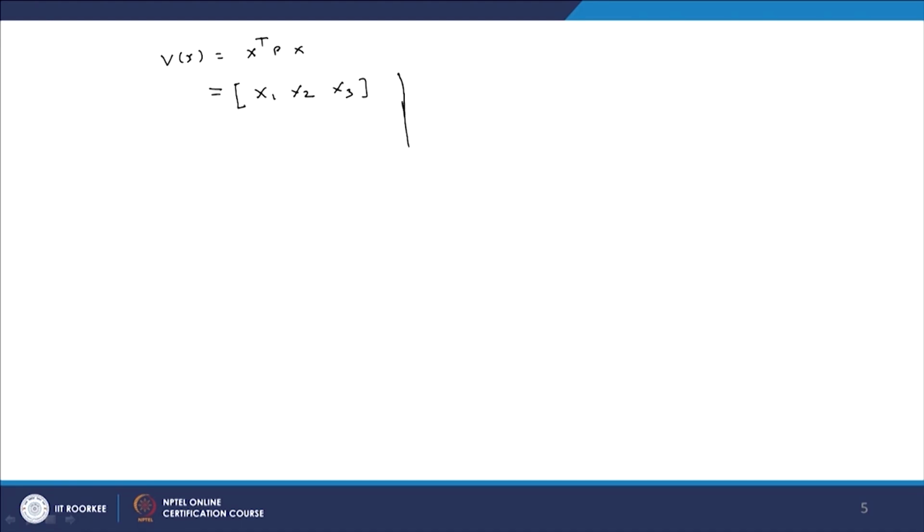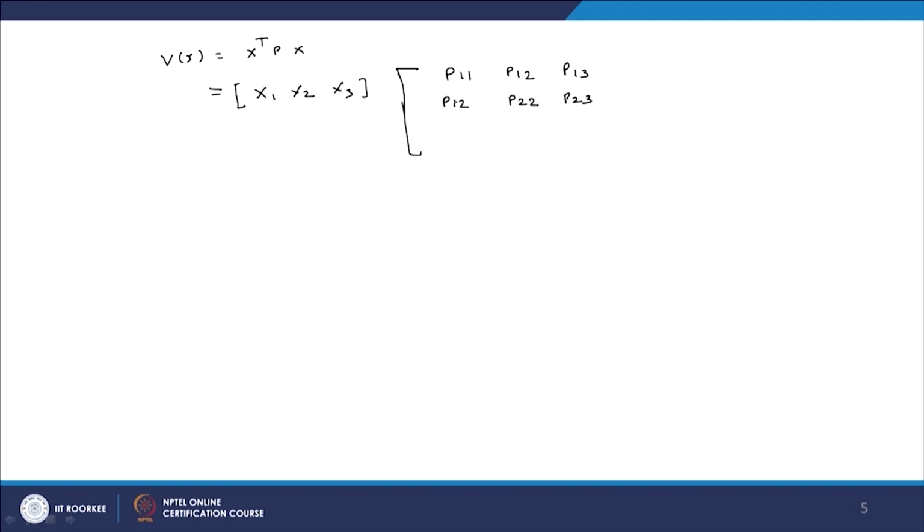We can write this P matrix with the first row as P11, P12, P13. In the second row, the elements are P12, P22, P23. You will find that this P12 and P12 are the same, because I am considering P as a real symmetric matrix.